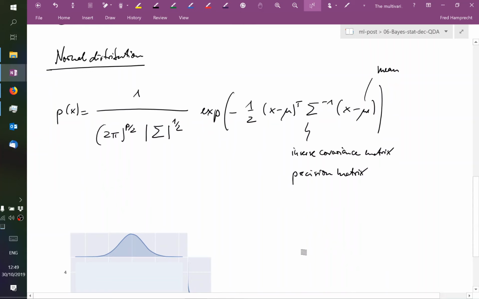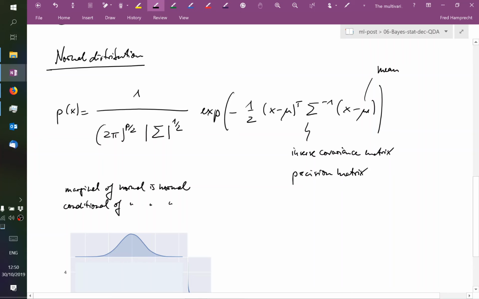Good. What we need to know is that, and by the way, here, these are of course all vectors. Yeah. So x is a vector here. What we need to know is that the marginal of a normal distribution is also normal, and the conditional of the normal is also a normal distribution.